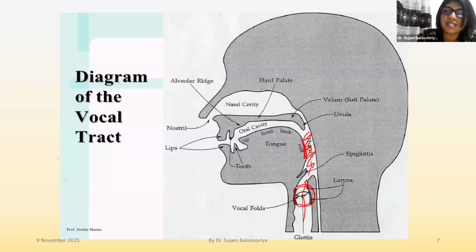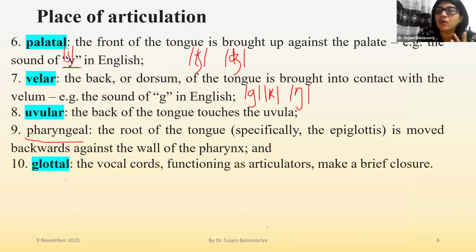In this process, the airstream is passing through the vocal cords with a kind of friction, right? We produce glottal consonants. Actually speaking, the vocal cords are not vibrating, like when we say p, k, g, m, ch, j, like that. When we produce glottal consonants, the vocal cord vibration is not there.